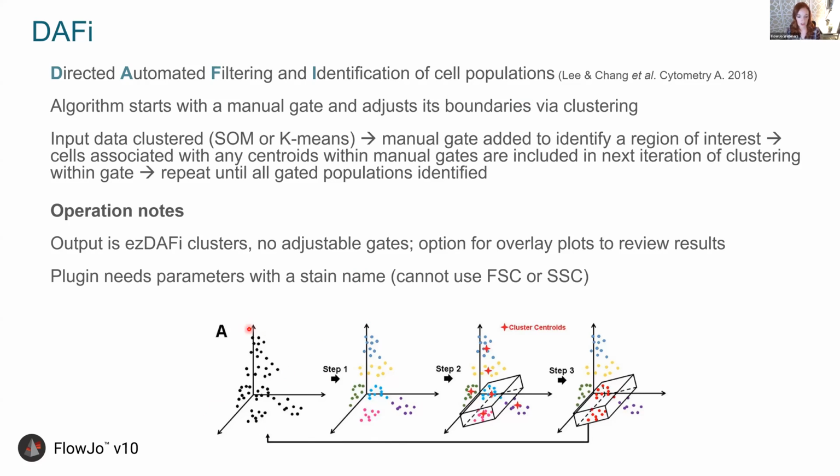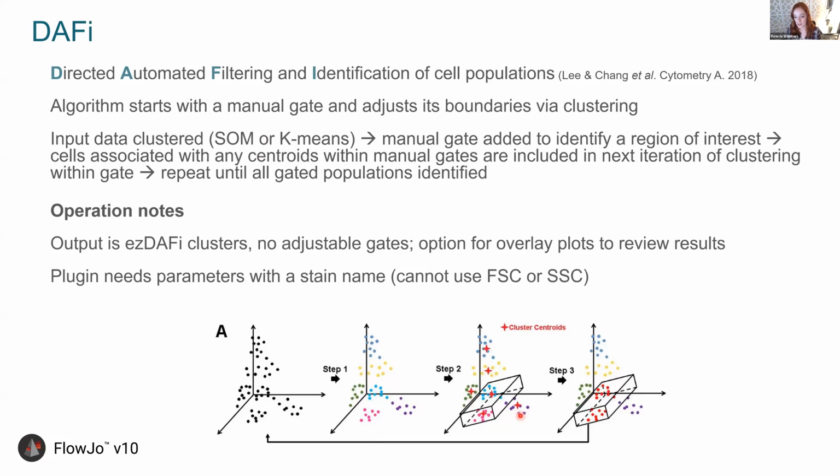Basically, the way it starts is here's your input data in black. Your data will get clustered in the background. It's going to cluster using a self-organizing map or k-means, and it does this clustering in the background. So here's each of my clusters, identified with each of these different colors.